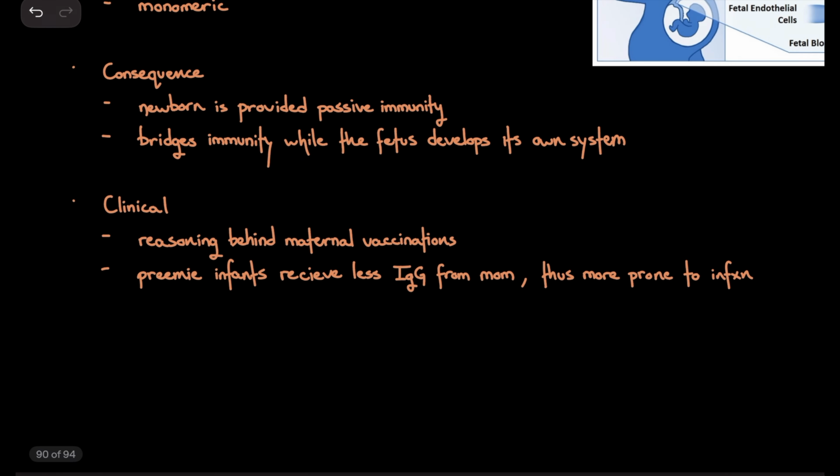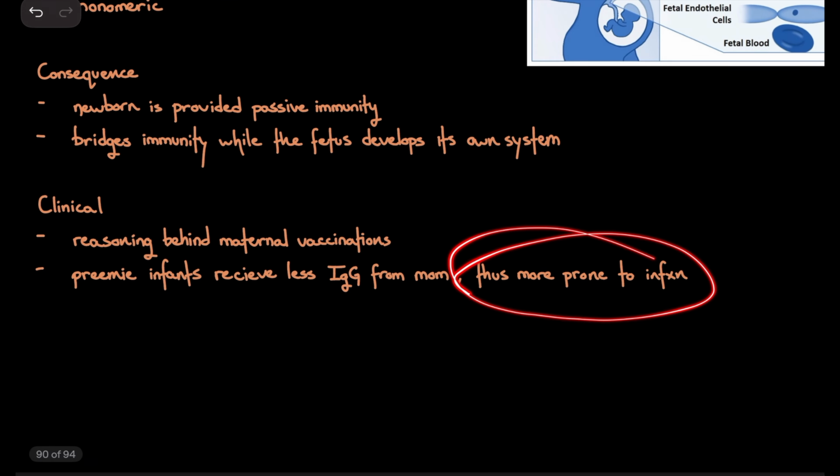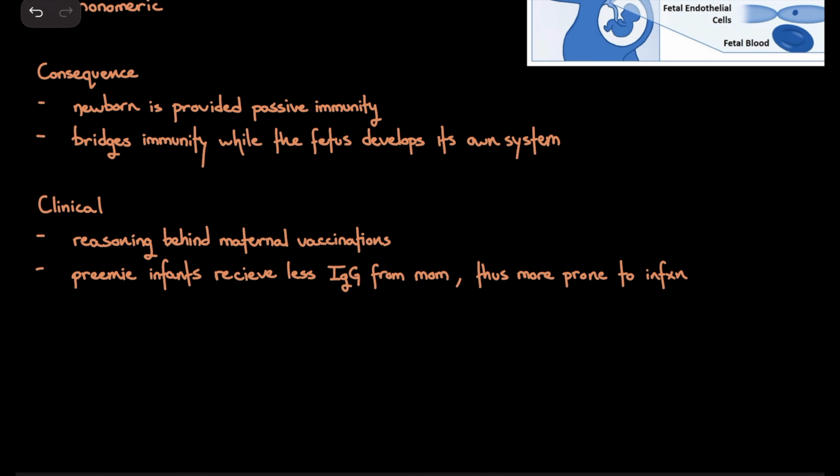So preemies also have a decreased IgG profile because they didn't get to have the whole piece of the pie while developing in mom. So these are much more prone to infection. So I have no experience in the neonatal ward or anything like that, but I would assume there is a highly, highly sterile environment to make sure that these kids are protected because they have less defense.